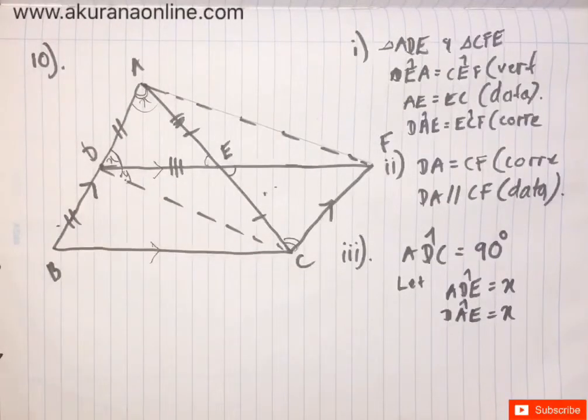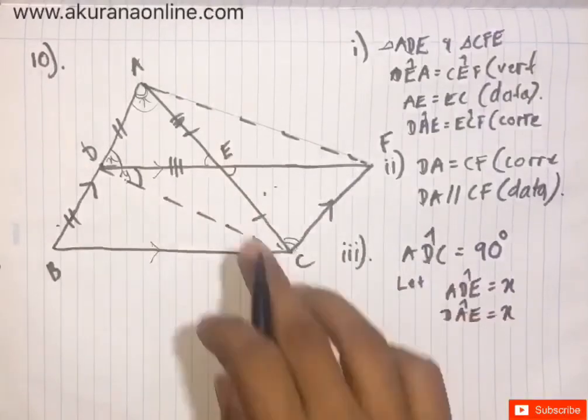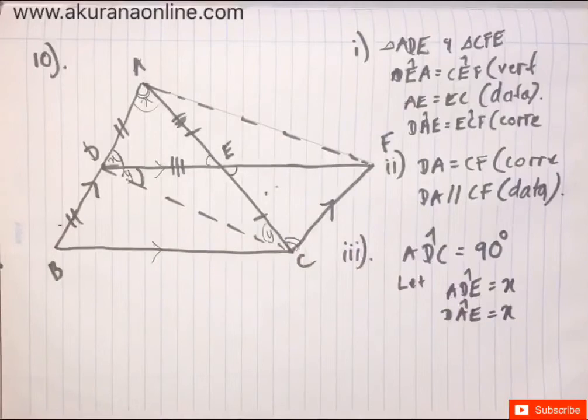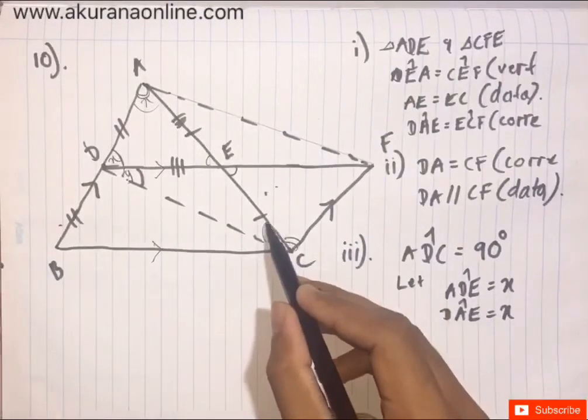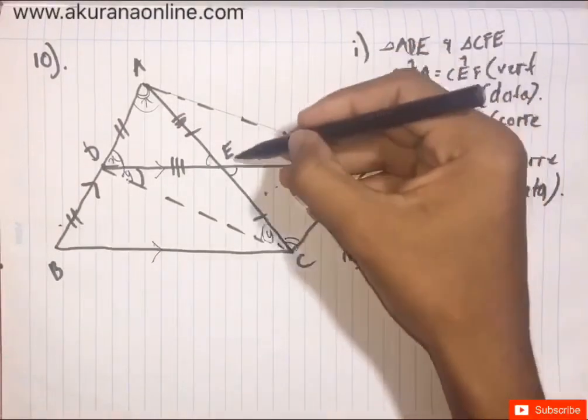If you take that as Y, this angle is also equal to Y. You can mark this angle as Y because you can use the theorem.